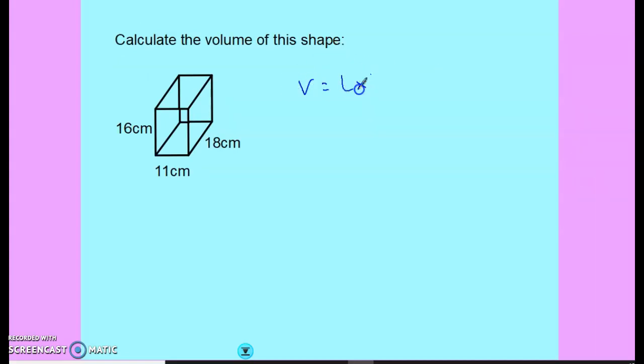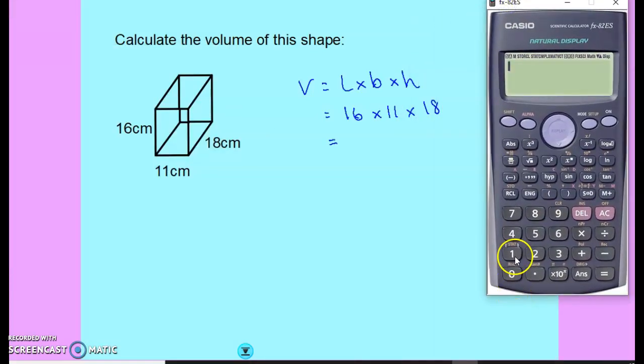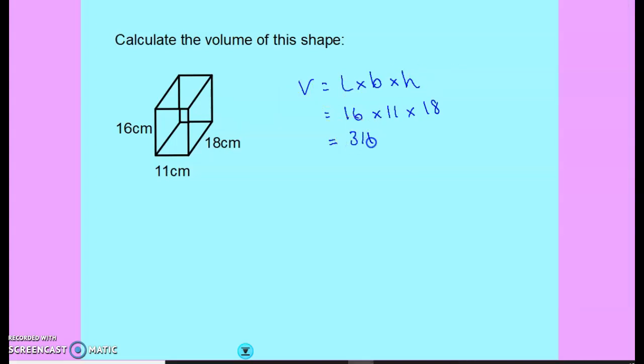Volume of a cuboid is length times the breadth times the height. Doesn't matter what order your length, breadth and height go in. So it's 16 times 11 times 18, which is 3,168.